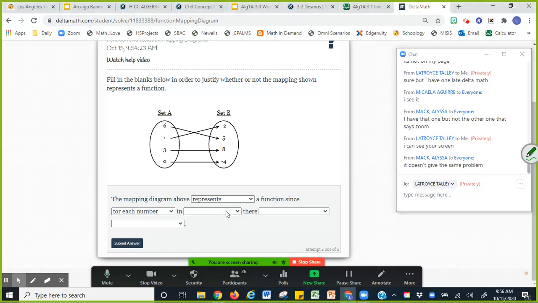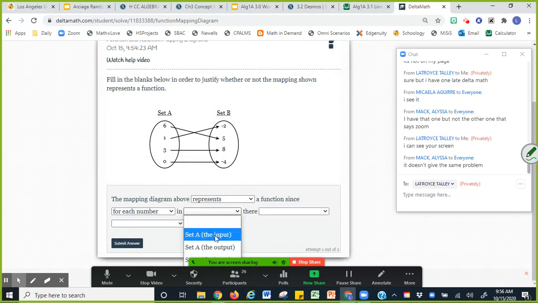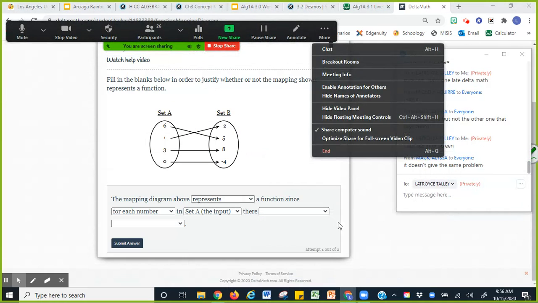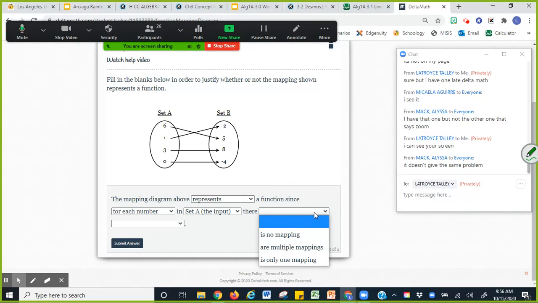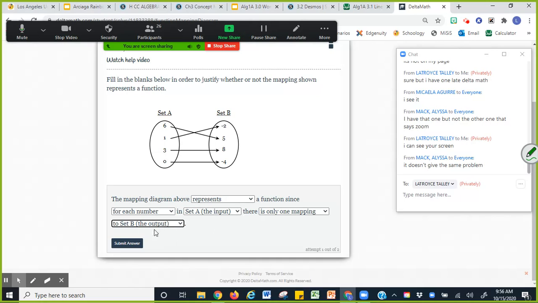So for each number in set A, which is the input, there is only one mapping to set B, which is the output. You see, these words might make your answers wrong if you don't line them up correctly.